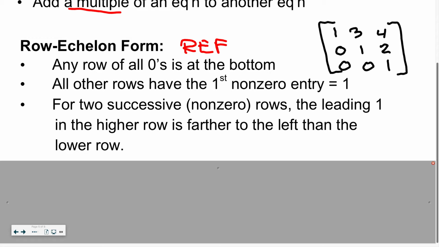For all my other rows, the first number in the row that's not 0 is 1. And then my 1s, as I go down the matrix, they're moving over. Okay, so the 1s are never going to be in the same column. They always have to move at least 1 over to the right. So the higher up you are, the more to the left you are.